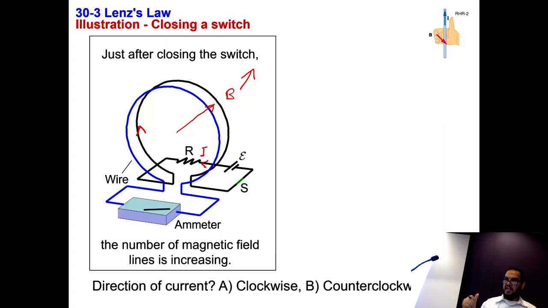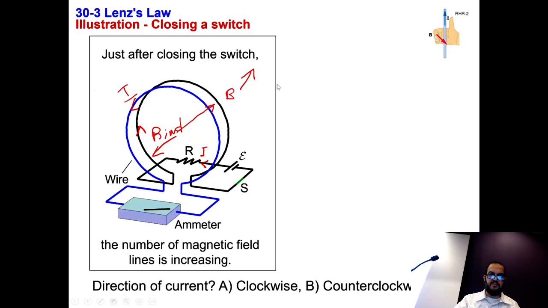So the induced magnetic field has to oppose this change. So it has to be in this direction, be induced. Now, in order for it to be in that direction, I have to point my thumb in the direction of the current and swing. It has to be outside, so the current is going to be like this, and it is counterclockwise.